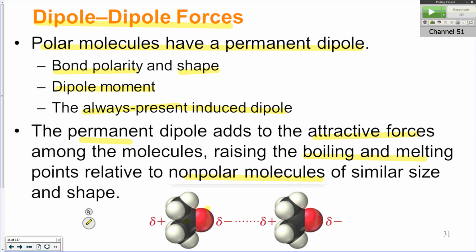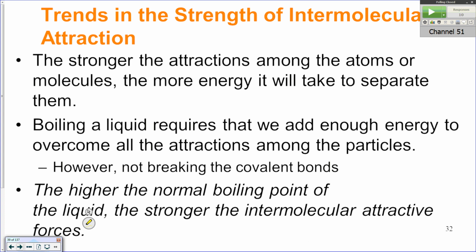The shape is such that the dipole is moving in this direction, so this end is electronegative, this end is positive, and it's permanent based on the shape of that molecule because it's not a symmetric molecule. That means all of these molecules are going to line up in three-dimensional space so that the electronegative end of the molecule is oriented to the electropositive end of a neighboring molecule. So that's kind of a stickiness or glue that holds them together a little bit.